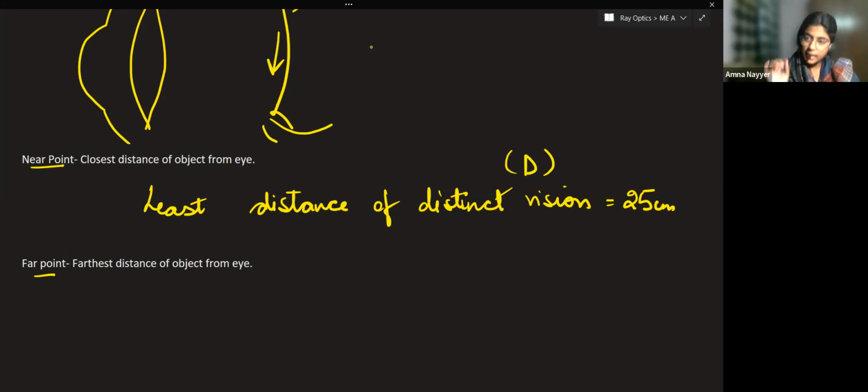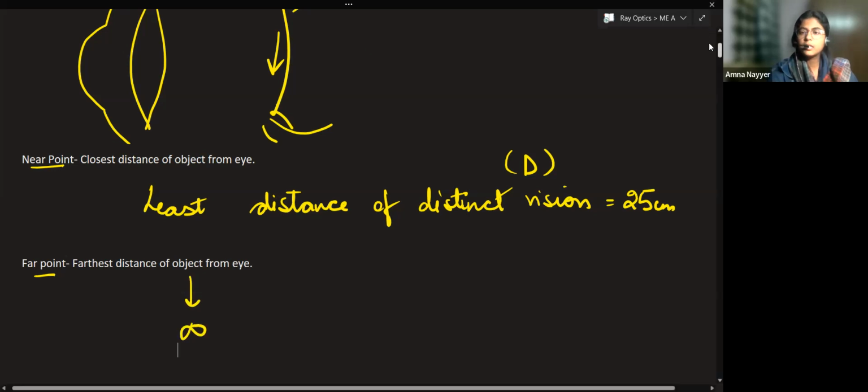I'm not saying with exactly the same size, definitely they look smaller from here, but they are directly visible. You just look up in the sky, you are able to see the moon clearly at night, and in the daytime you're able to see the sun. So it means that distance is infinity. Till infinity your eyes can see in a straight line, provided that it is a straight line. You cannot see objects that are kept behind it. So far distance is infinity.